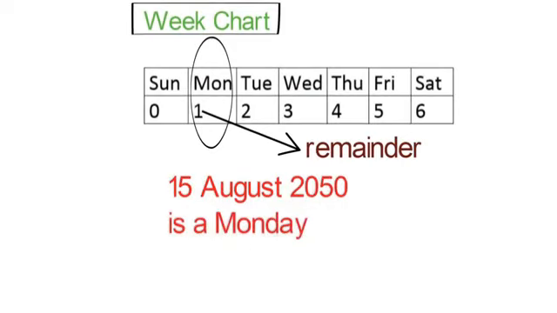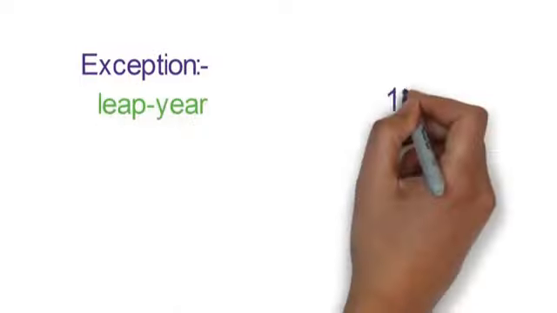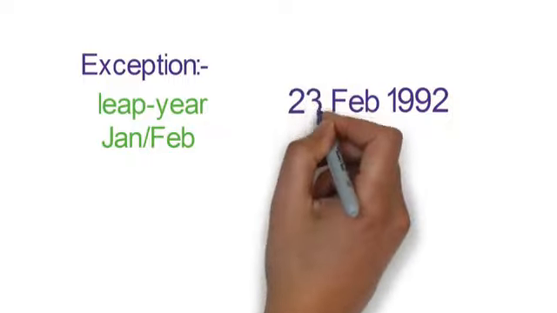This way we have completed the general method of this problem. But there is an exception also. If the year is a leap year, let's take any leap year for example, and the month is either January or February. For example, we took February, and then take any date.